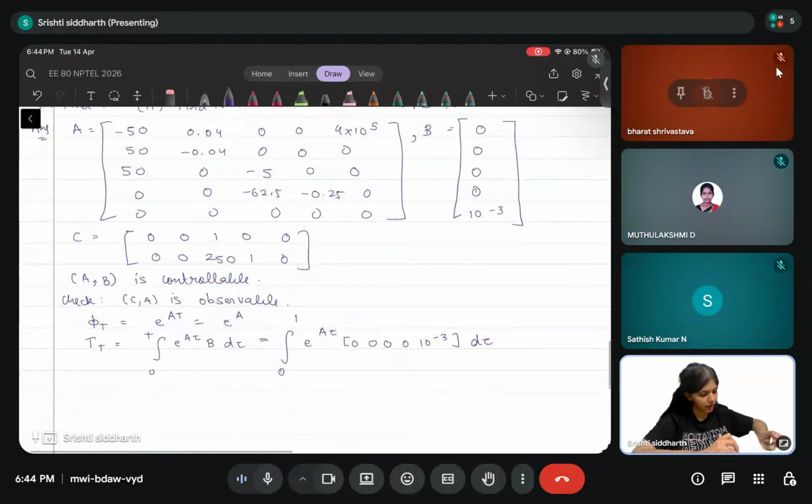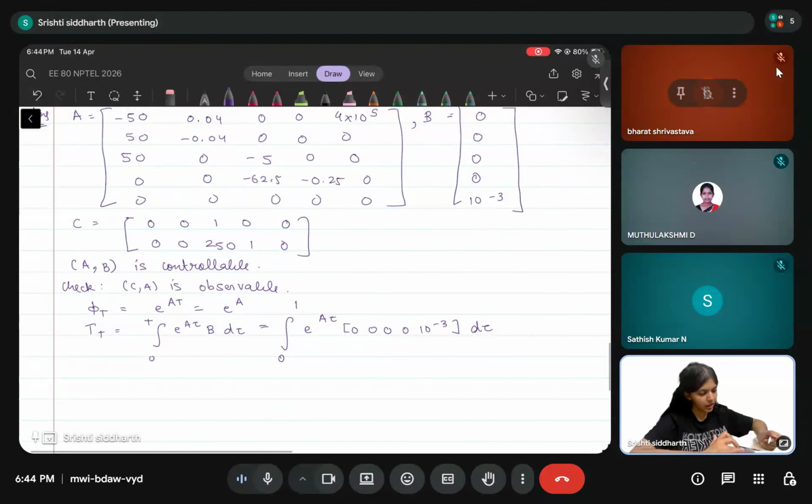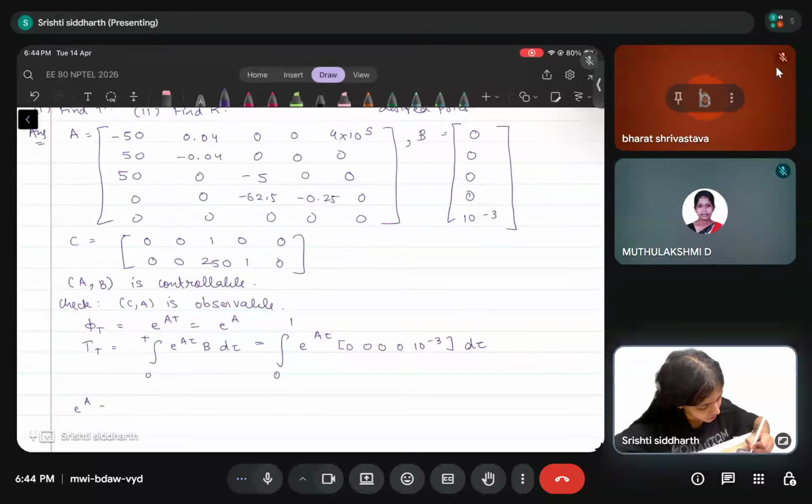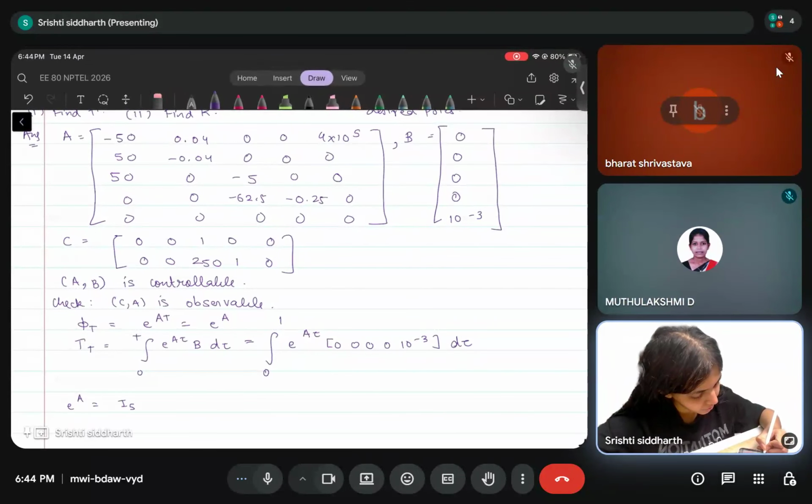So we have to calculate phi of T. This is the exponential of A, which is the 5 by 5 identity matrix plus A plus A square by 2 factorial and so on.